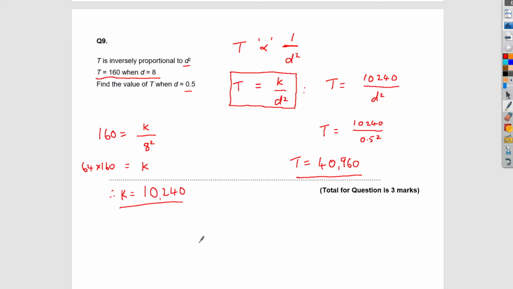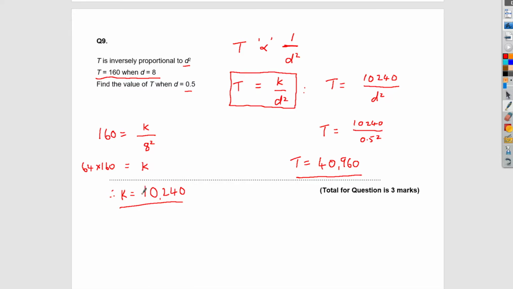So this is inverse proportionality. Set it up first by putting your proportional sign and what it's inversely equal to. Then put the equal sign and change that one to a k. Then sub in your values that are given to work out the value of k.